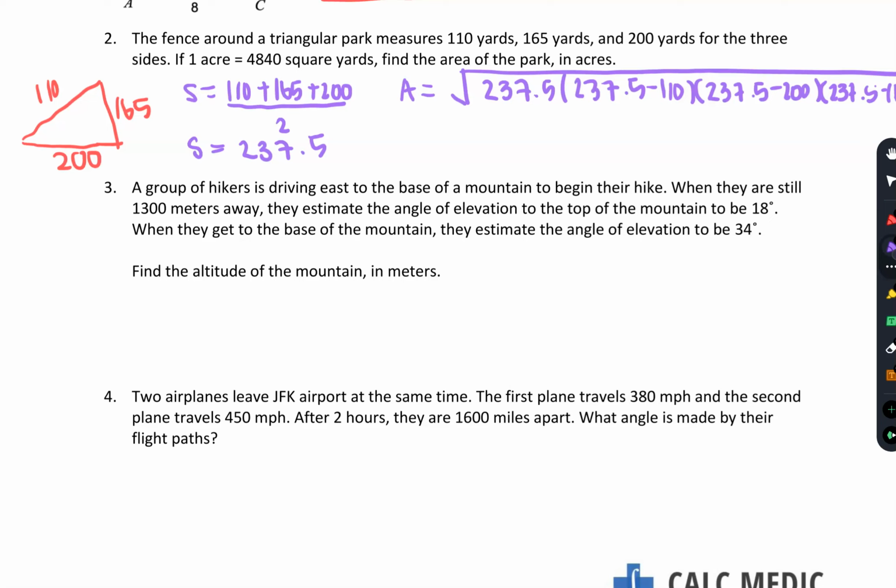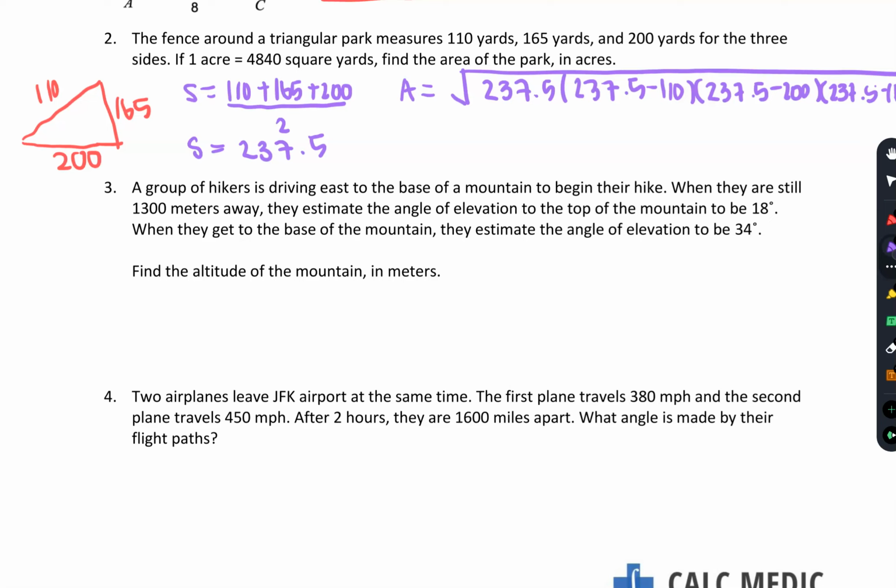So we'll say 237.5 times 237.5 minus 110. And then times 237.5 minus 200 times 237.5 minus 165.